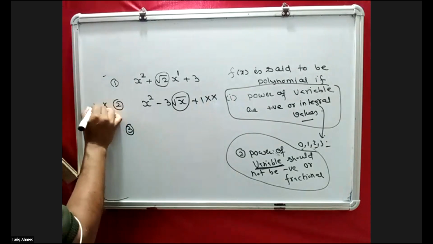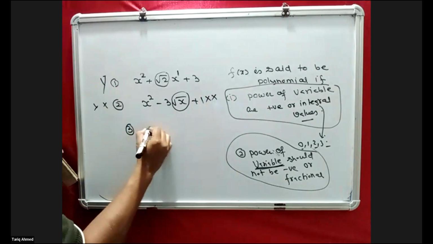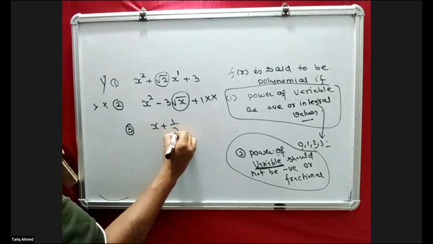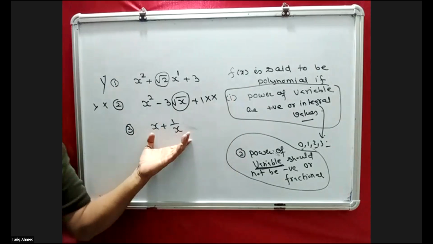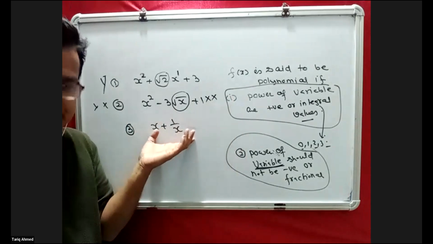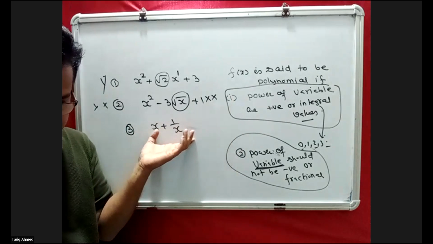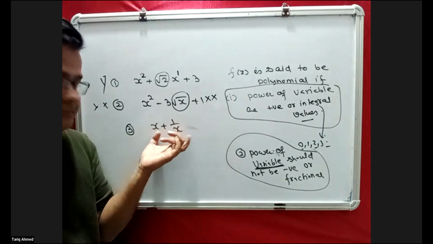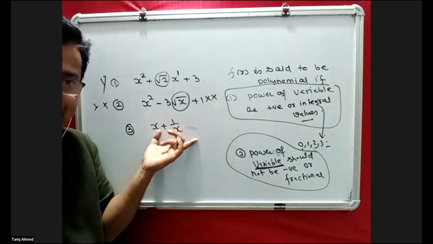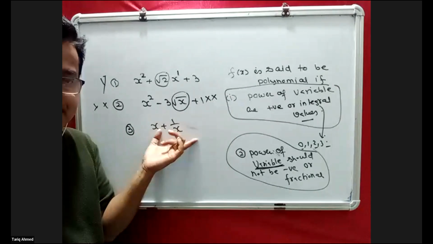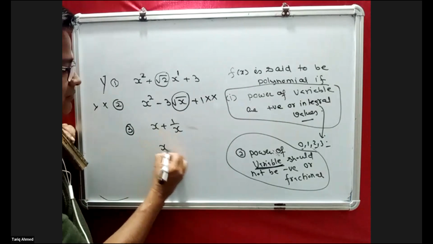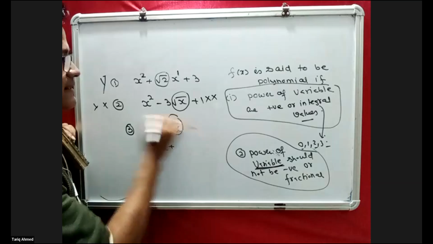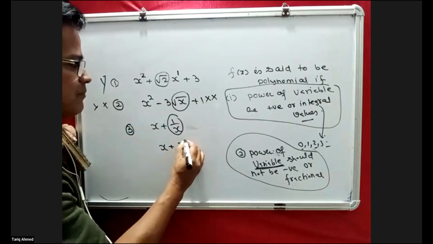x plus 1 by x. Tell me whether this is a polynomial or not. Because of 1 by x. When we want to write it in the numerator, we can write x to the power minus 1.